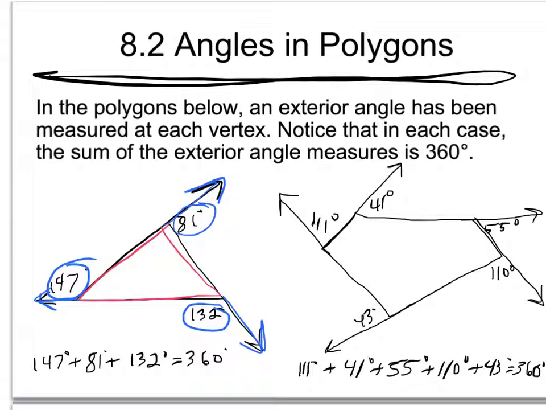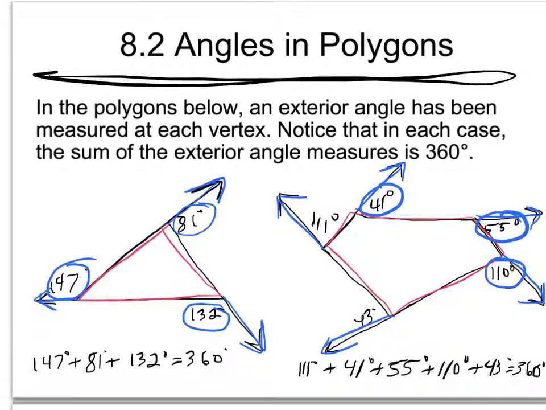Again, over here on the right, you will notice we have a pentagon. Doesn't look like a pentagon, but it is. Here is our wonderful pentagon, 3, 4, 5. And we have our extended sides on each side, giving us exterior angles of 41, 55, 110, 43, and 111.